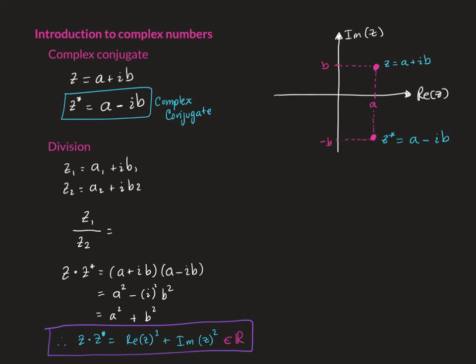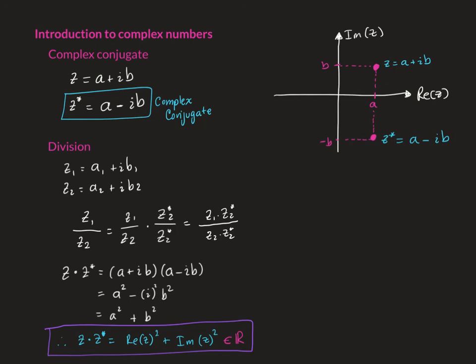So what's the advantage of this? We can use this fact to take the division z1 over z2 and multiply it by the complex conjugate of z2. In that way, we are going to have a division by a real number, which is possible to do, instead of the division of a complex number. So this is going to be z1 times z2 complex conjugate, divided by z2 times z2 complex conjugate.